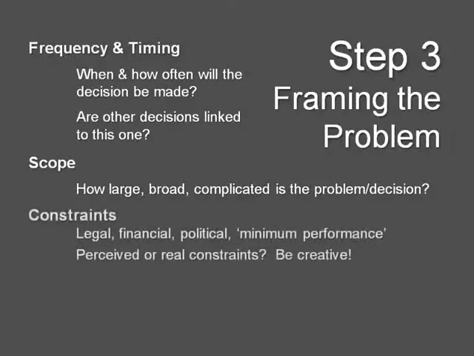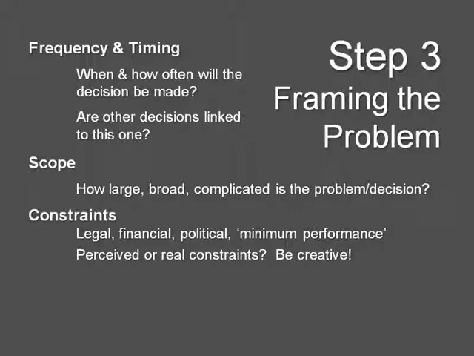Another aspect of problem framing is constraints that are acting. Are there legal, financial, political constraints that act? Is there some minimum performance we have to achieve that's regulated in some kind of way? And then it's important to ask, are these constraints perceived or are they real? A lot of the times, one of the impediments we have in making a decision is there are a lot of perceived constraints that we think narrow down the kind of things we can do.